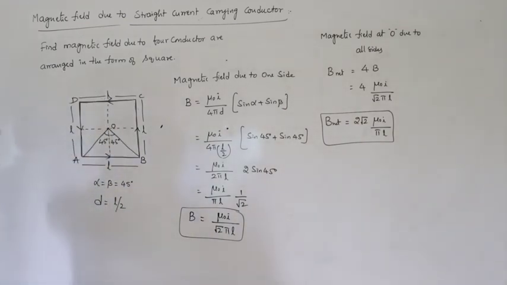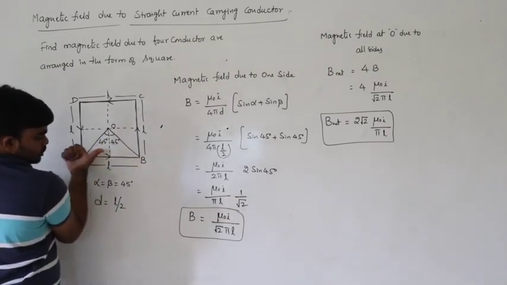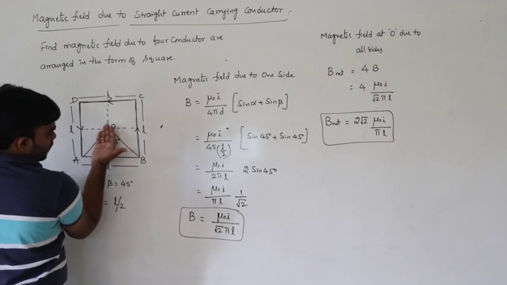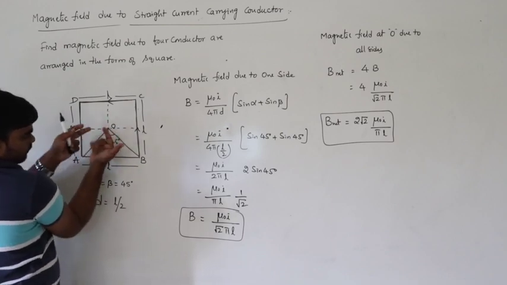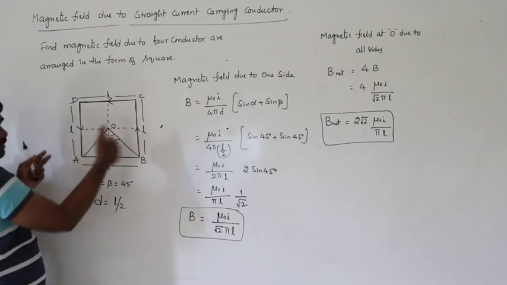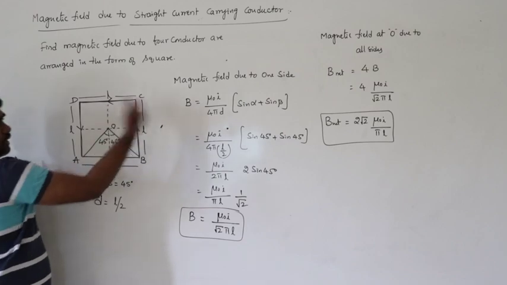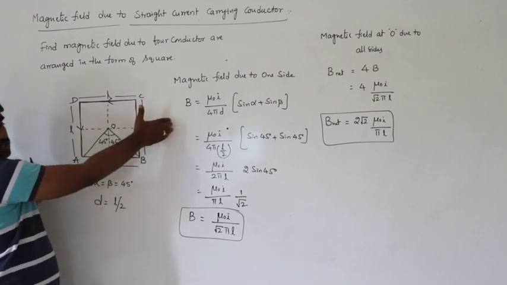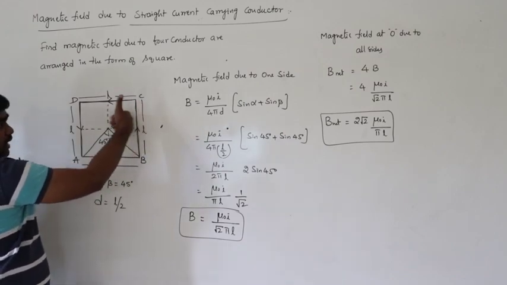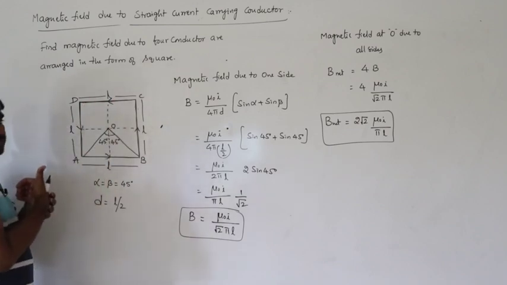Then what is the direction? How can you calculate the direction? See here, this is a straight current carrying conductor. Stretch your thumb in the direction of the current, and the curling of the fingers gives the field direction. At this position, the curling of the fingers is outwards. To the right side of this conductor, the magnetic field is inwards, and on the other side it is outwards.